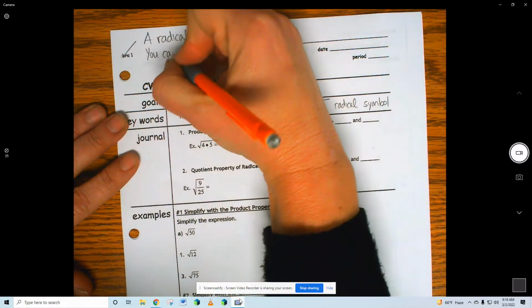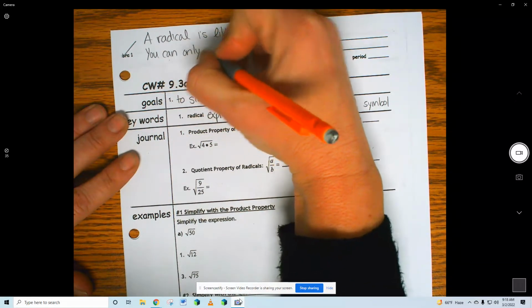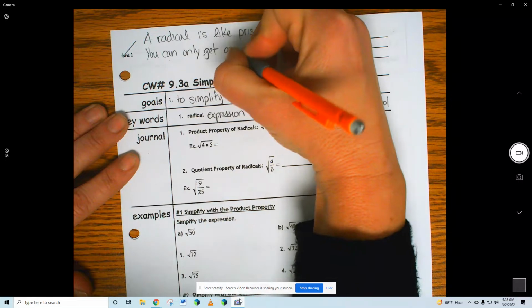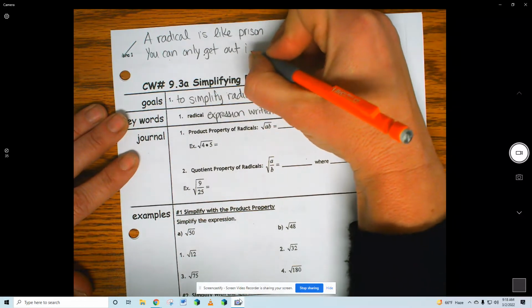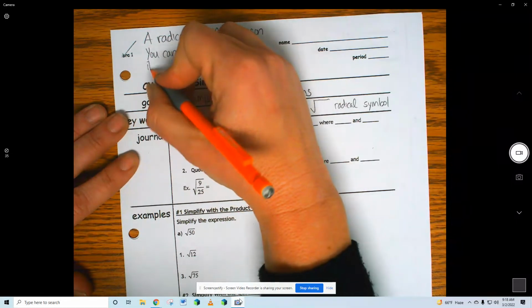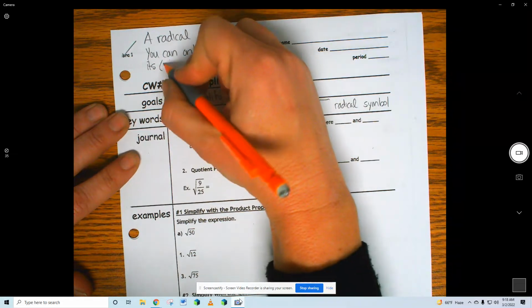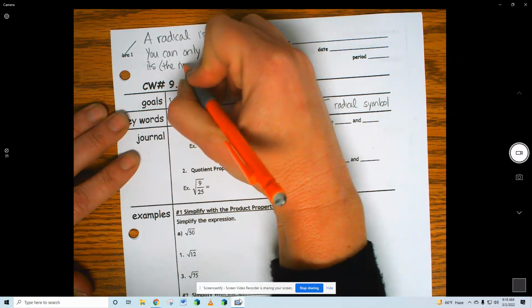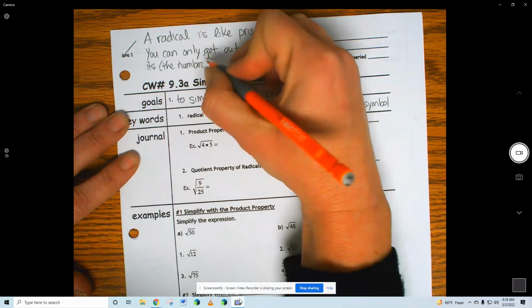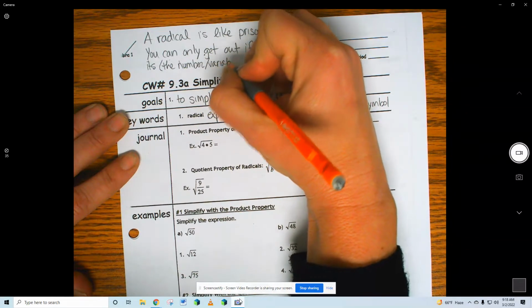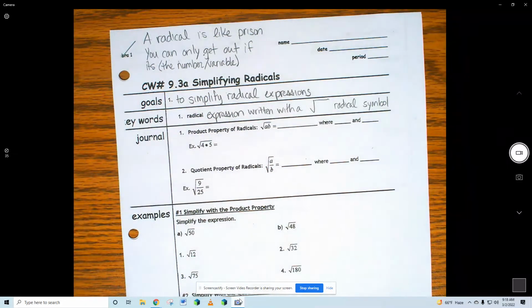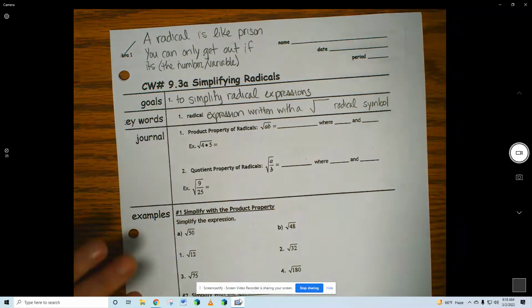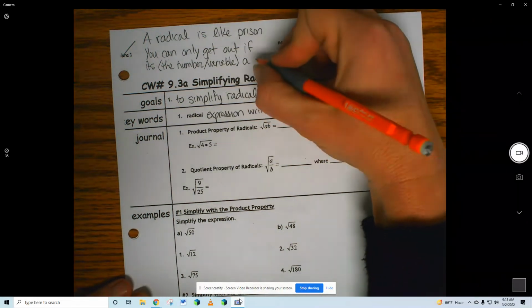You can only get out if it's the number, or variable. So a radical is like prison. You can only get out if it's a perfect square.